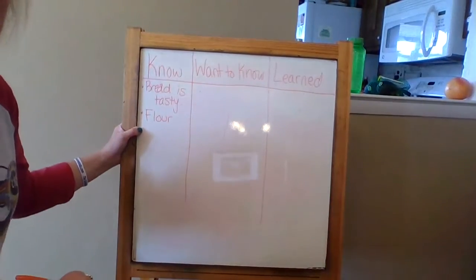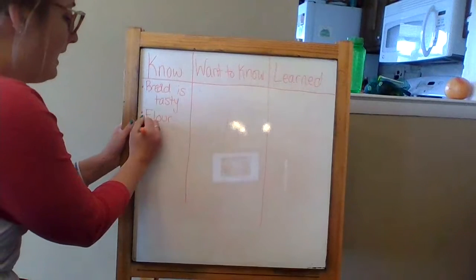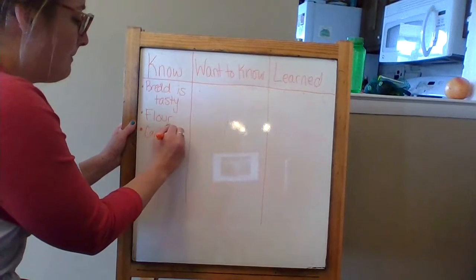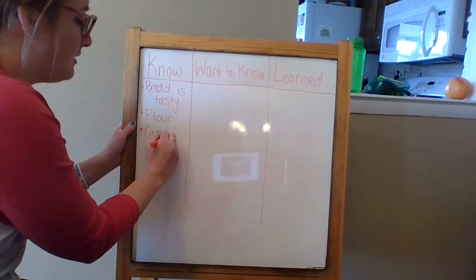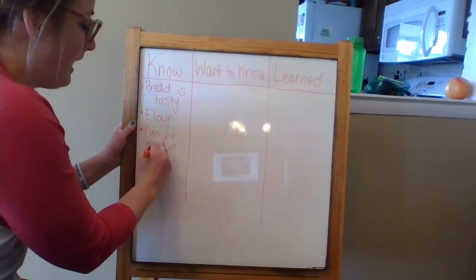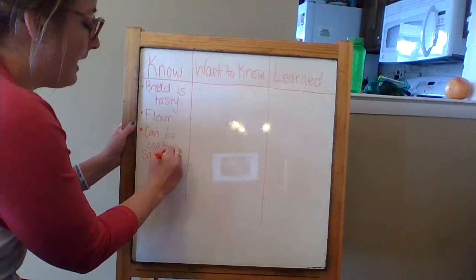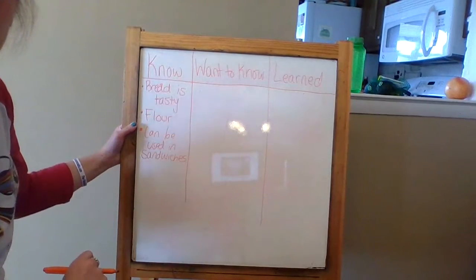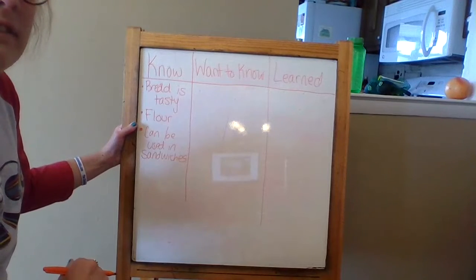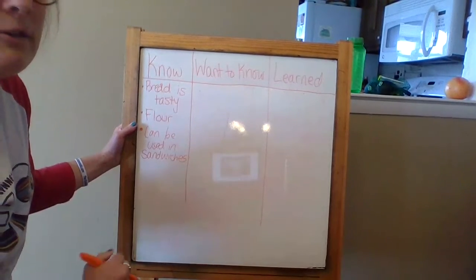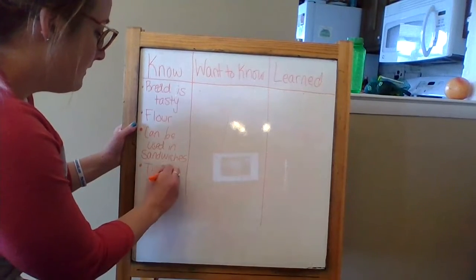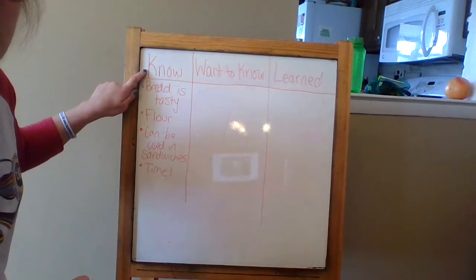I have to have flour if I want to make bread. I know that bread can be used in sandwiches. And I know that, let's see, what else do I know about bread? Oh, I know that you need to have a lot of time to make bread, okay? It takes a lot of time. All right, so those are the things I already know about bread.